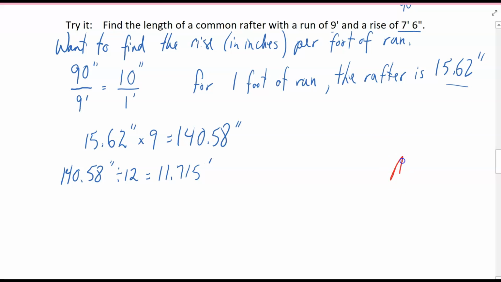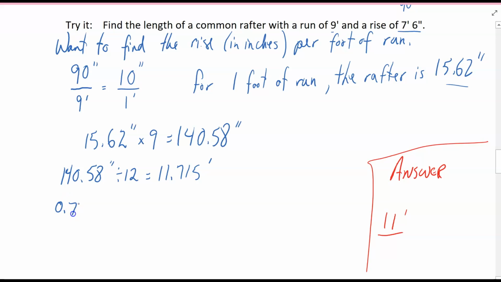I like to keep track of what I'm answering over here because we want feet, right? So it's 11 feet. And then we'll have our inches after. So now it's the 0.715 feet that I want to put back to inches. And that means we have to multiply by 12.